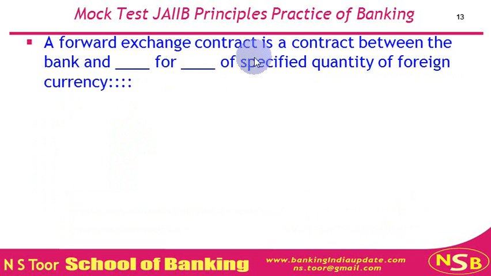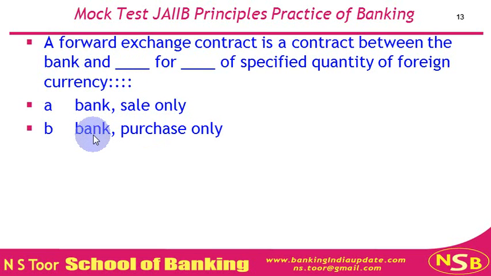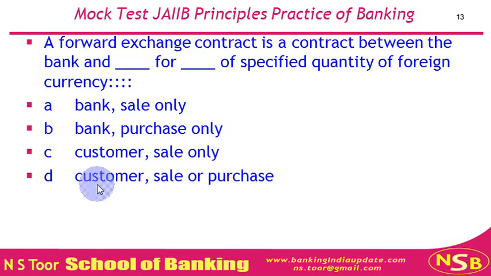A forward exchange contract is a contract between the bank and someone for a specified quantity of foreign currency. So it is a contract between the bank and whom? Let us see. Bank for sale, bank for purchase, customer for sale, customer for sale or purchase.